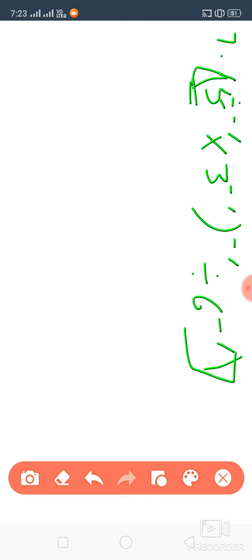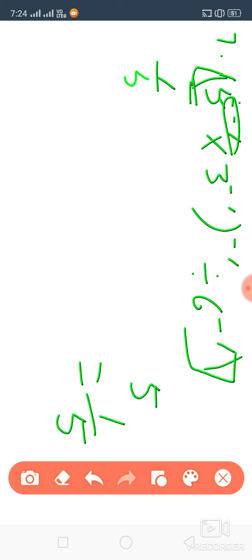Now, this is your question. 5 to the power minus 1. So the exponent is minus, so we have to make it plus. So we have to take its reciprocal. So what is the reciprocal of 5? It will become 1 by 5, isn't it? So 5 to the power minus 1 will become 1 by 5. Then into 3 to the power minus 1, again it will become 1 by 3.